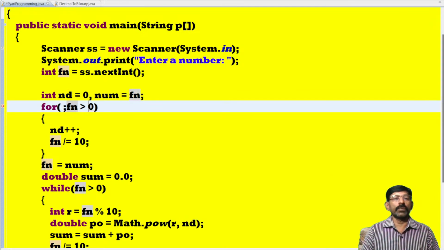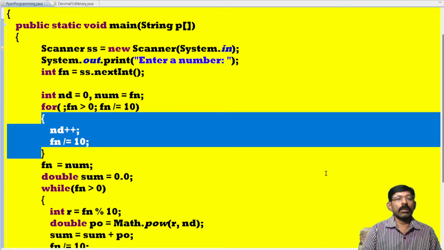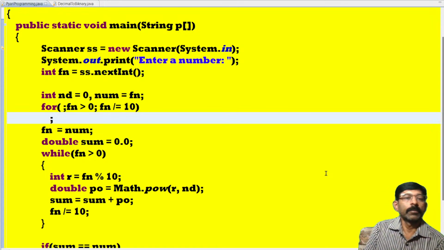Then the condition fn is greater than 0, then semicolon, then reduce the number. fn divide is equal to 10. Then here simply say do nothing.